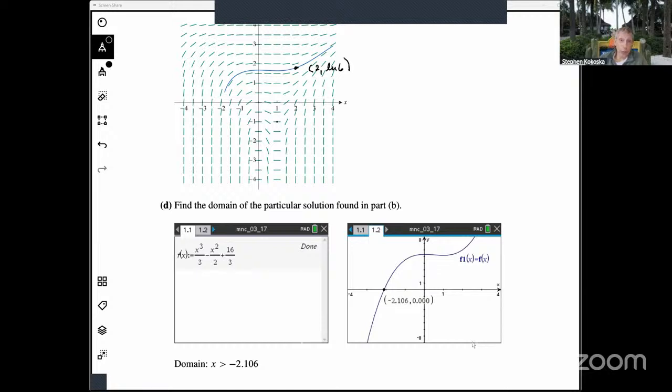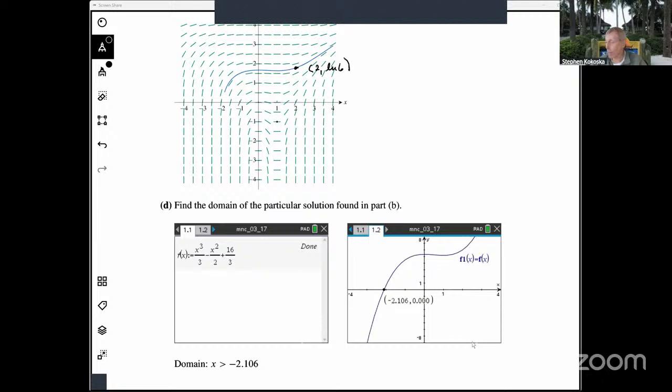I know it's a cubic. I know what the general shape is. Seems like, gee, it's probably negative somewhere. So I drew the graph on the right-hand side, and I used a built-in function of the TI-Nspire to find that zero. And it does indeed cross the x-axis at about -2.1.